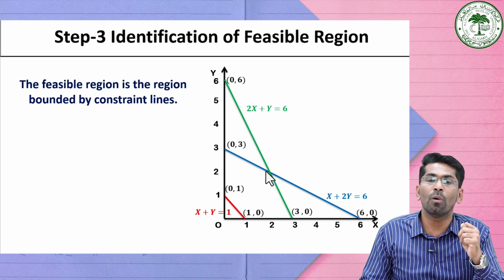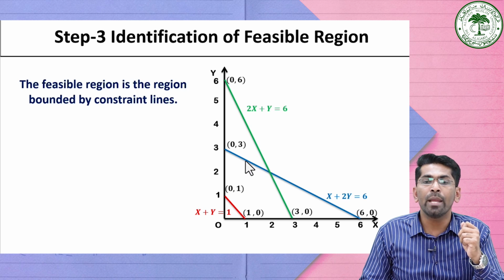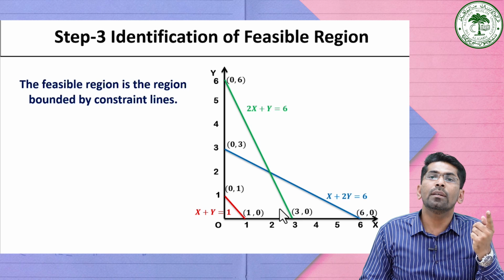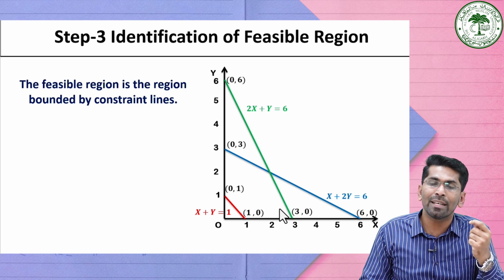So at that time, the feasible region will be below this particular line, or to the left of this constraint, because it has the less than or equal to sign. That's why for these 2 lines, it will be the below or left side of the constraint.